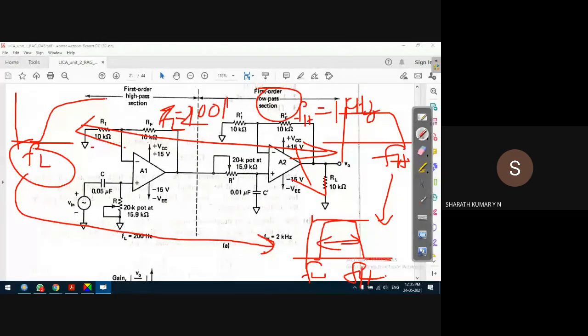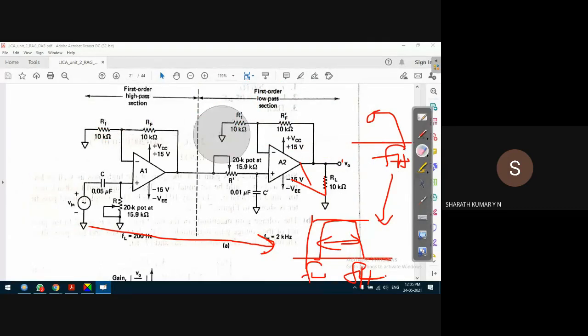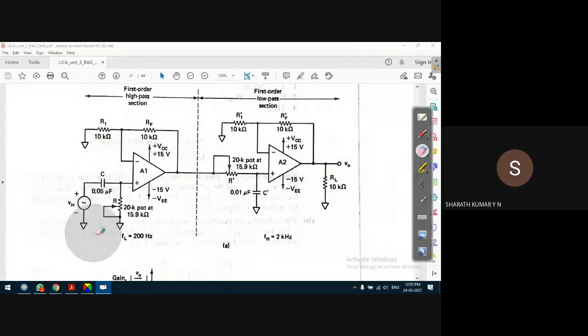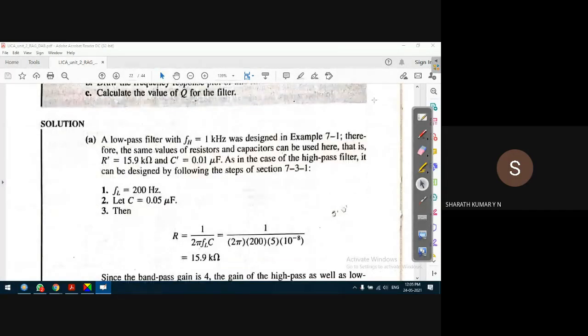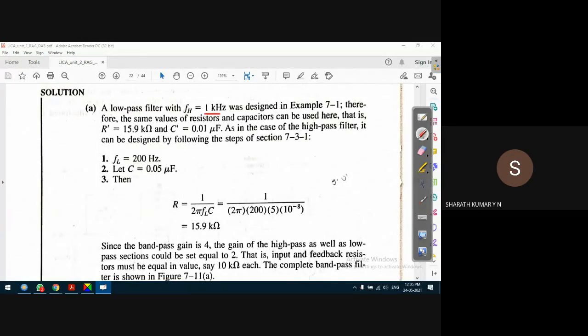Based on that, we have to design the low pass and the high pass filters based on their cutoff frequencies, which together give the band pass filter. For 1 kilohertz, the low pass filter is already designed.